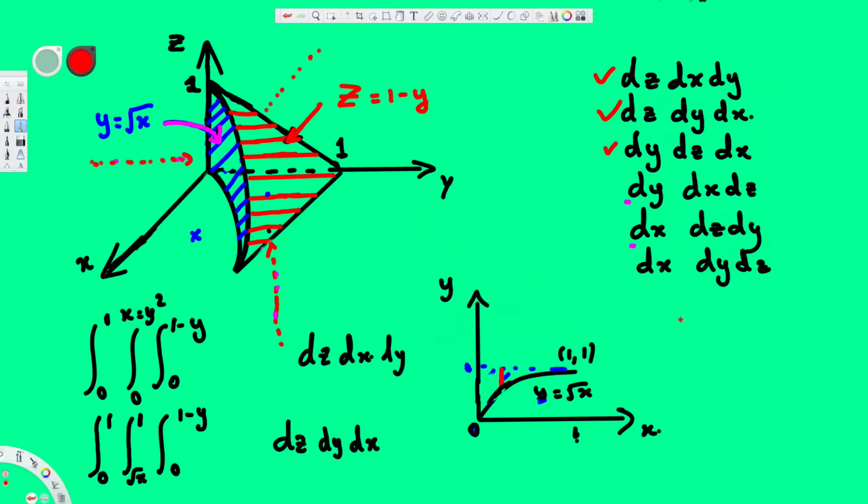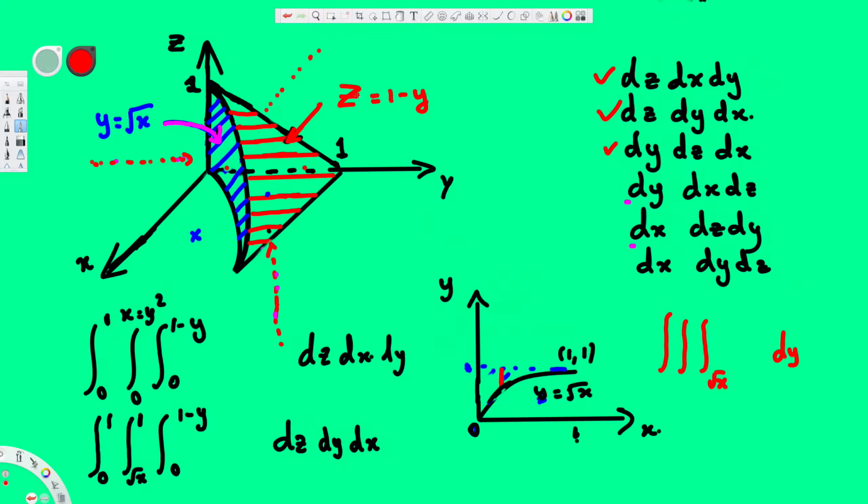So let's write the integration. First we are doing with respect to y. So square root of x is going to be the lower limit of integration. Now let's look at the upper limit of integration. We have to see where the bullet is going to hit last. If you look at this, when we consider y, it is going to go through this and hit this roof, right?